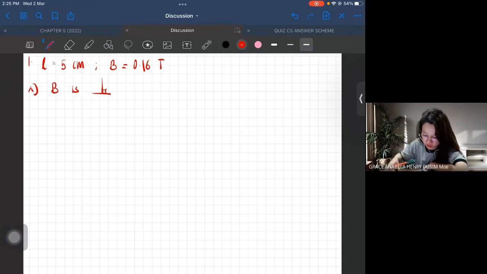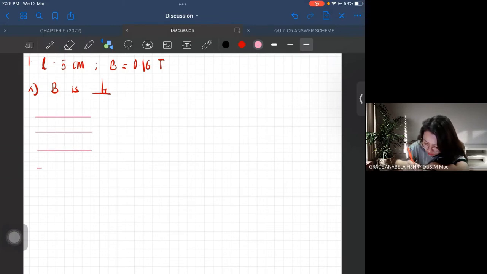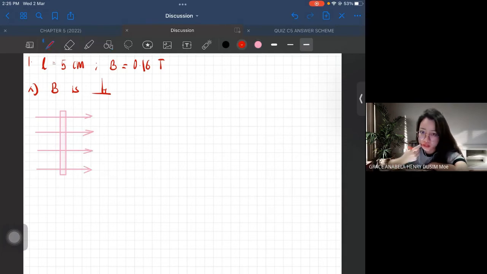First, question A. The magnetic field is perpendicular to the face of the loop. So this is the area, this is the magnetic field.